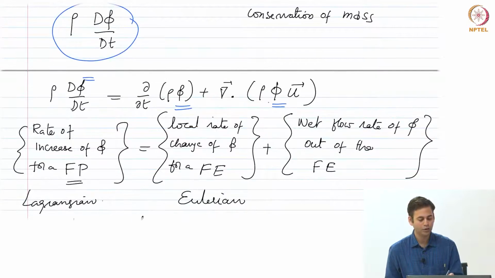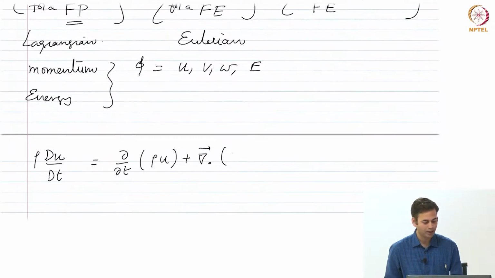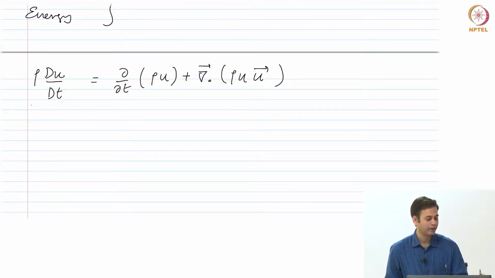We have rho phi u bar. So, replace phi with u. So, this would be rho u u bar. Okay. So, that would be your rate of change of momentum in the x direction for a fluid particle in the Lagrangian approach, as dictated by Newton's second law, and on the right hand side what we have is the same quantity in an Eulerian reference frame.